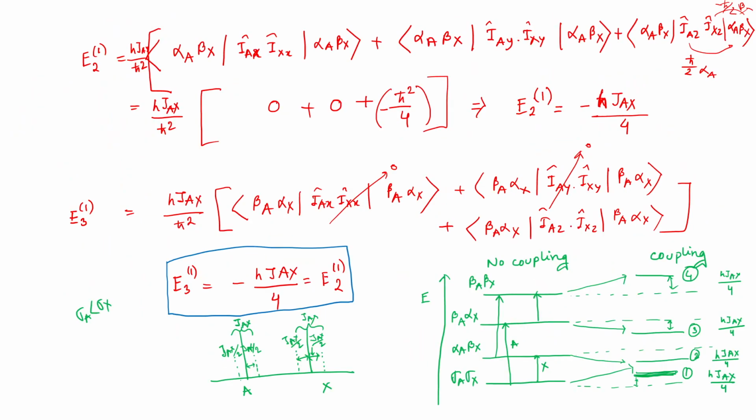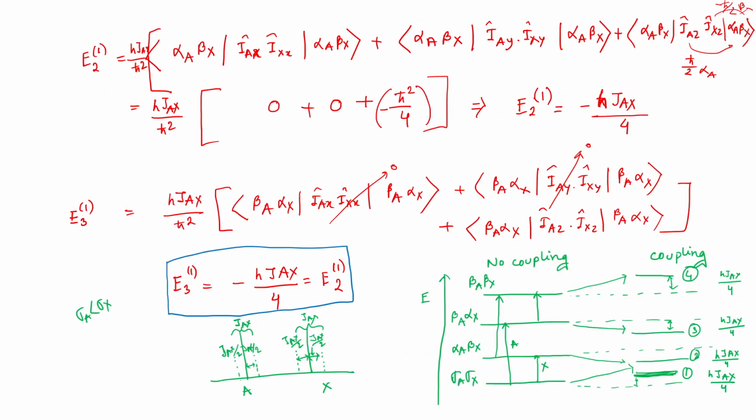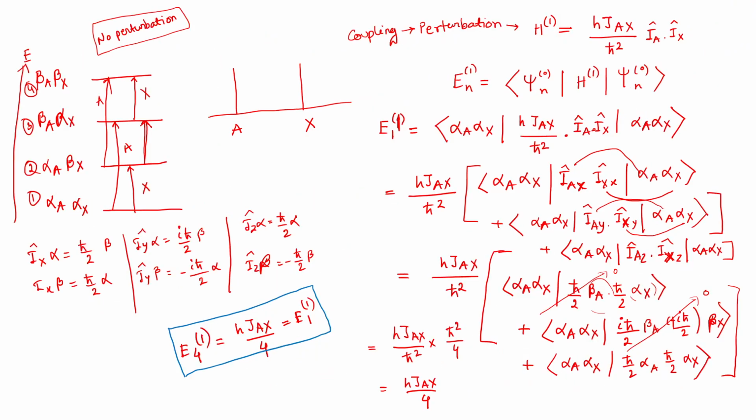At the same time, the first and second will get destabilized by 8jx by 4, that amount is the same, and the second and third will get destabilized by a similar energy.